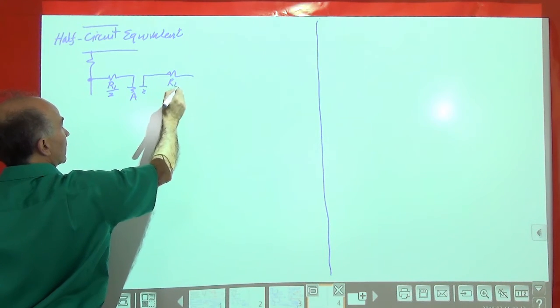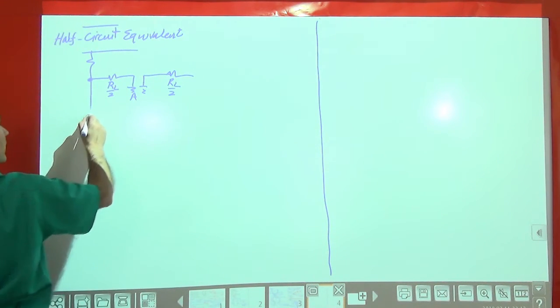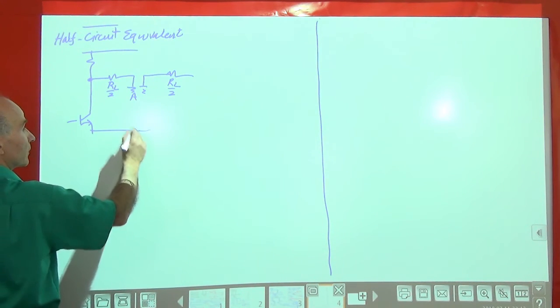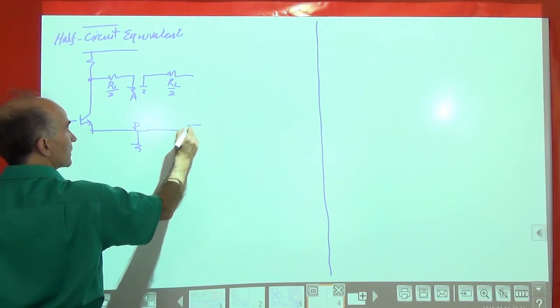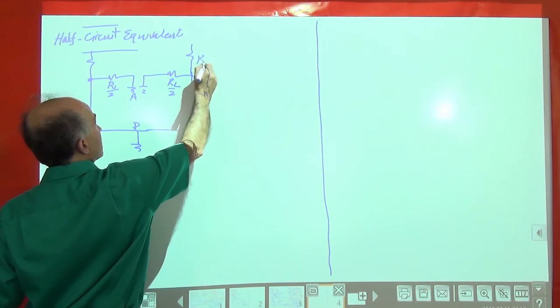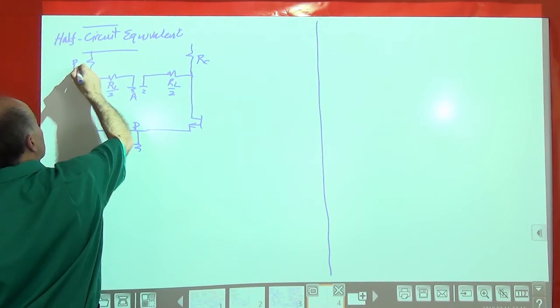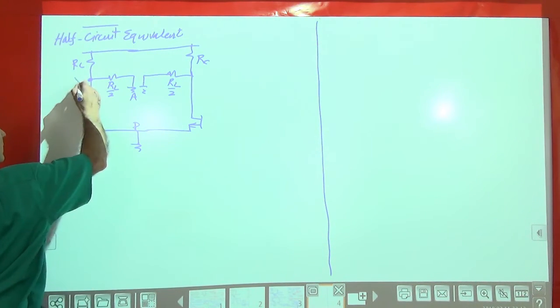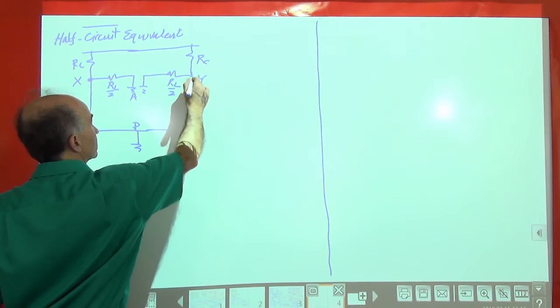And this is also RL over 2. And then of course we have these transistors, and this is also AC ground because, as we saw before, the voltage doesn't change. And this is RC, and this is RC. And node X is here, and node Y is here.